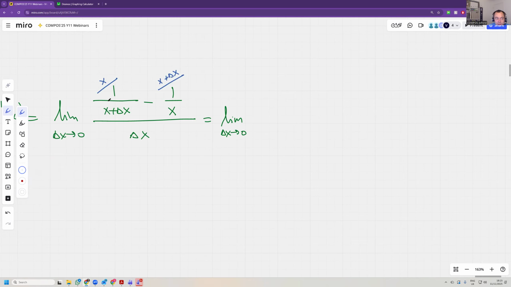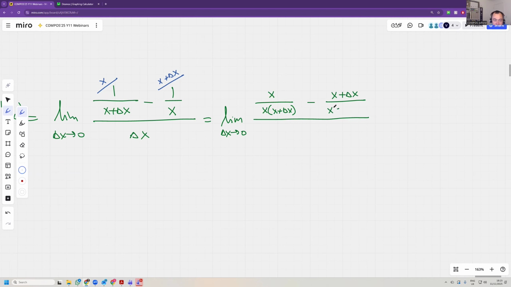I find the common denominator, and I get x over x plus delta x minus x plus delta x over x plus delta x, all over delta x.